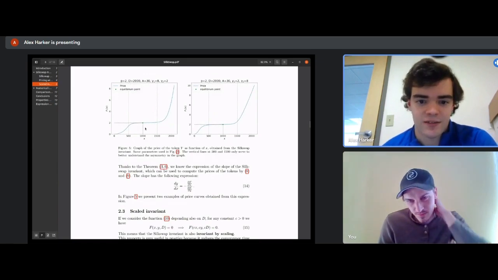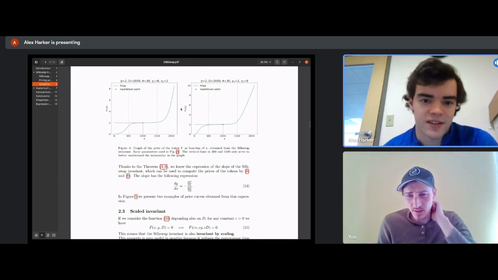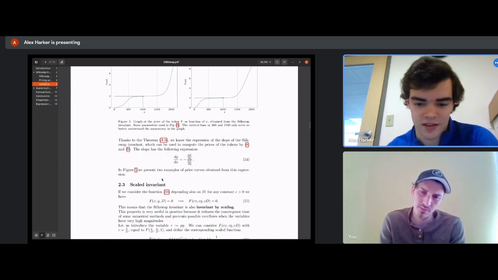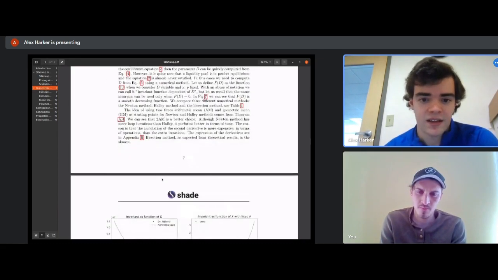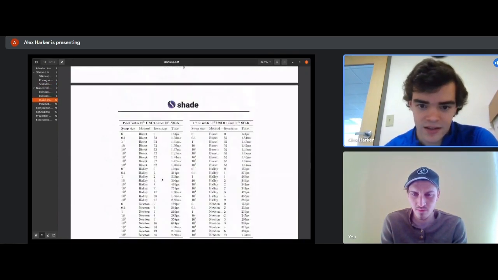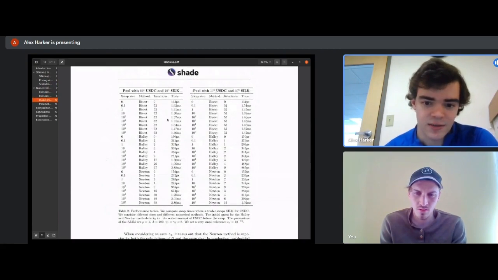And so you can look at these graphs and see how the price of an asset would change as you move towards or away from an equilibrium point. Those can be quite interesting. I won't get into all of the math here. These are the results of some of the tests that we've done.